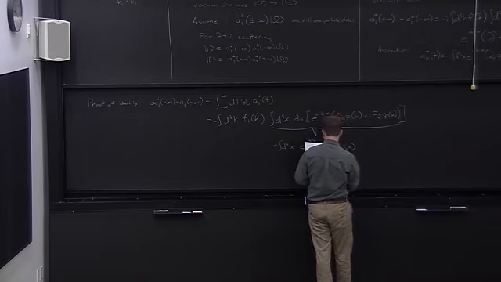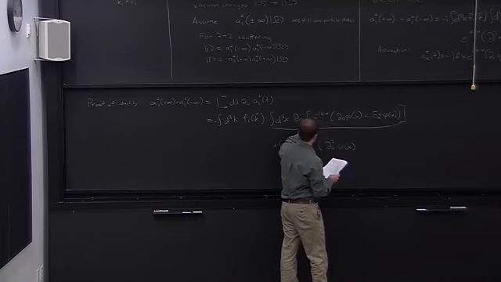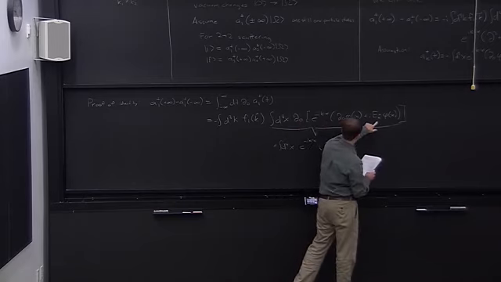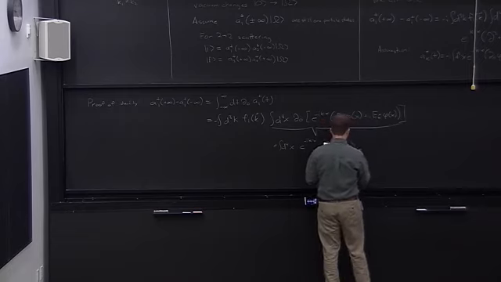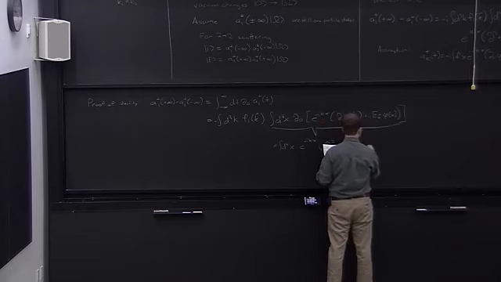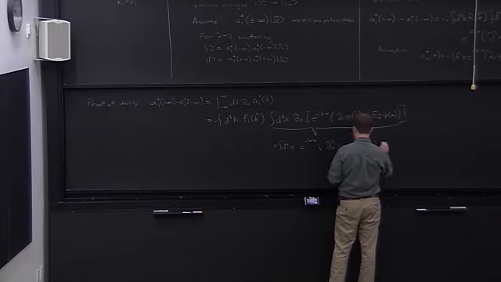We'll get another term if we act with the time derivative on here and multiply it by this second term, and that gives us a plus E_k squared phi of x.